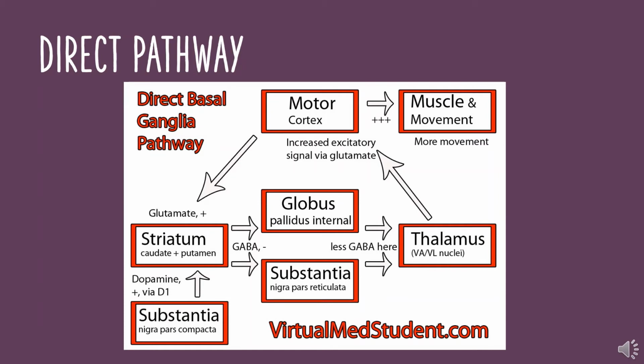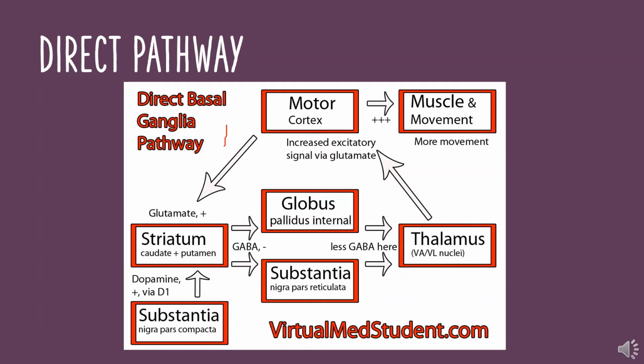So first, let's start with explanation of the direct pathway, which is involved in initiation and maintenance of voluntary motor movements. So the circuit begins at the motor cortex, which then sends its glutamatergic fibers to the striatum.